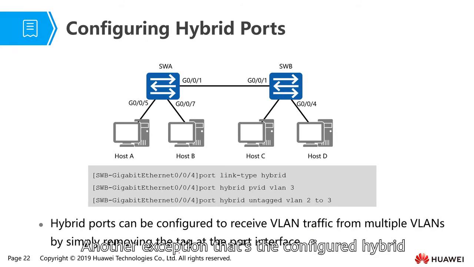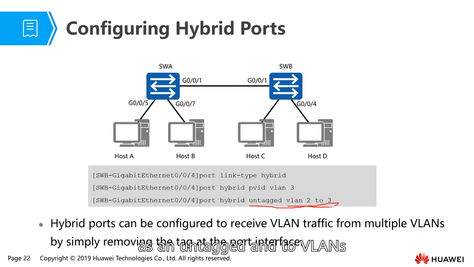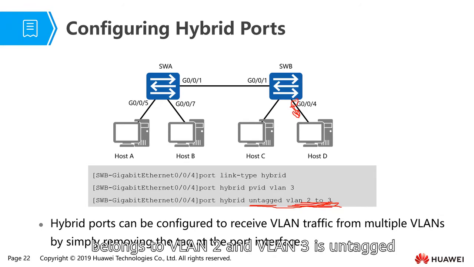Another example is the hybrid configuration. We can also configure a hybrid interface as untagged for two VLANs. This is GigabitEthernet 0/0/4 of switch B. This interface belongs to VLAN 2 and VLAN 3, and when sending out Ethernet frames belonging to VLAN 2 and VLAN 3, they are untagged, without a tag.